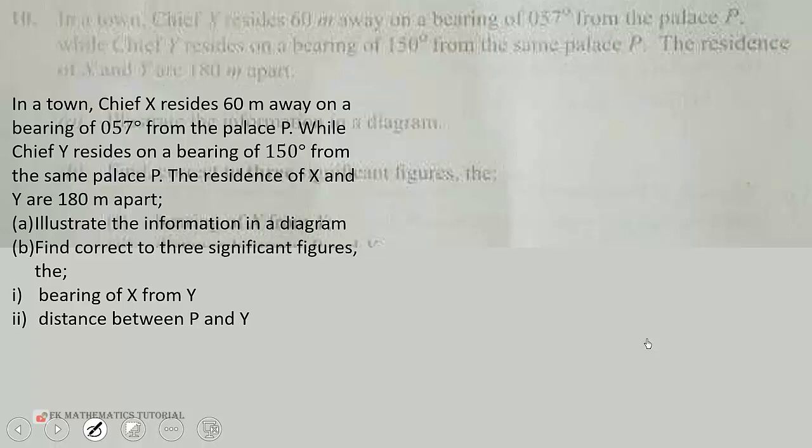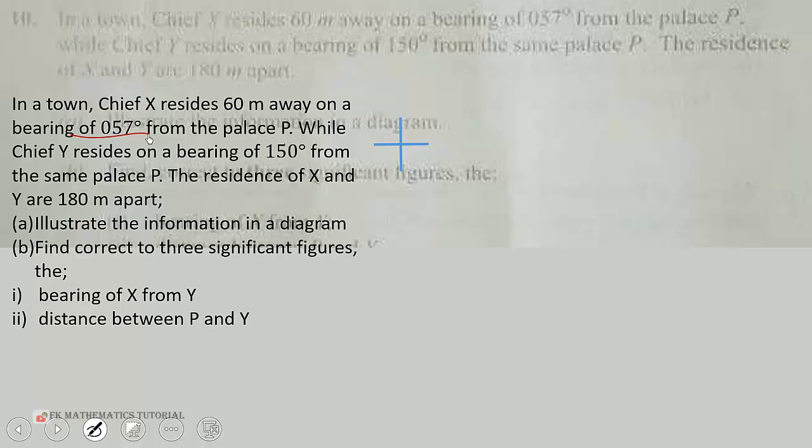So let's draw the diagram. We're told that Chief X resides 60 meters away on a bearing of 57 degrees from Palace P. So here is Palace P, and we trace the bearing of 57 degrees.